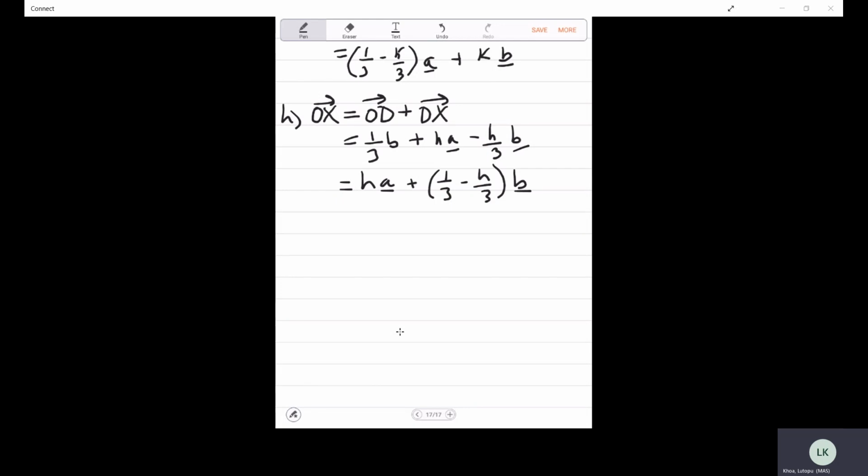I can always combine them to make a single fraction because the denominators are the same.